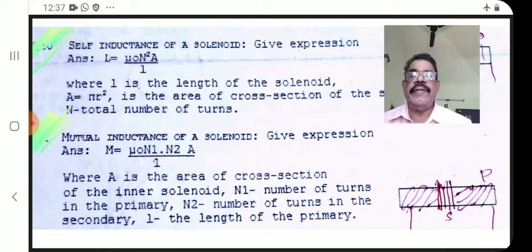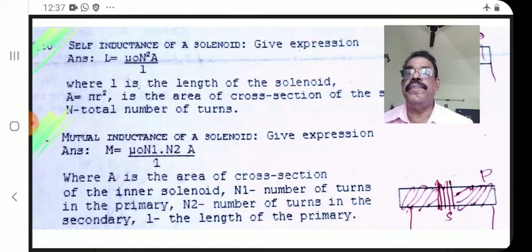Or mutual inductance between two coils. You see the figure, there is a primary solenoid of N1 turns and there is a secondary solenoid wound on it tightly, with N2 turns. Small l is the length of the primary solenoid.